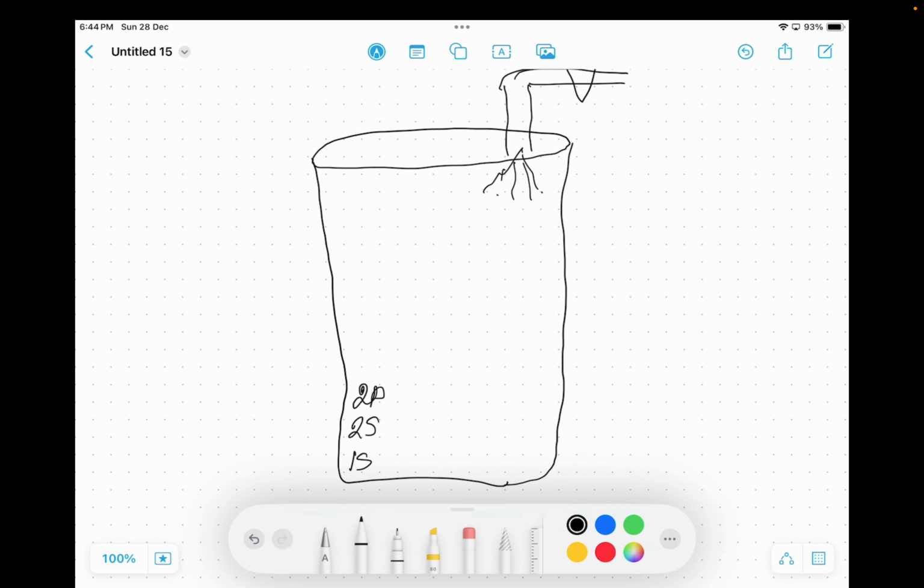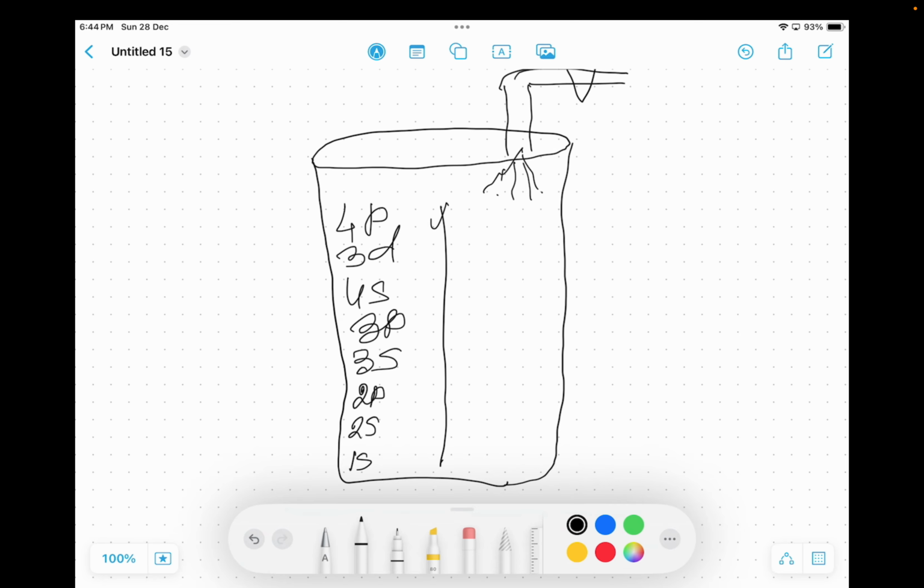So the energy order is 1s, 2s, 2p, 3s, 3p, then 4s, then 3d, then 4p and so on.